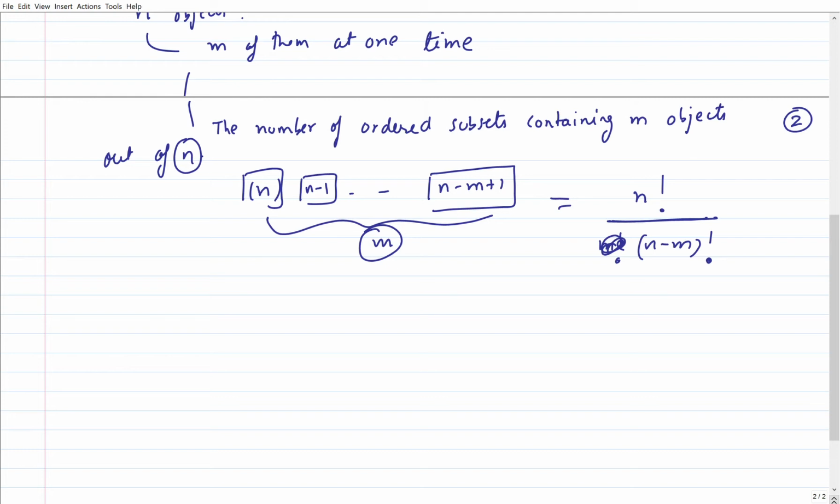Okay, so this was about permutations. What about combinations?